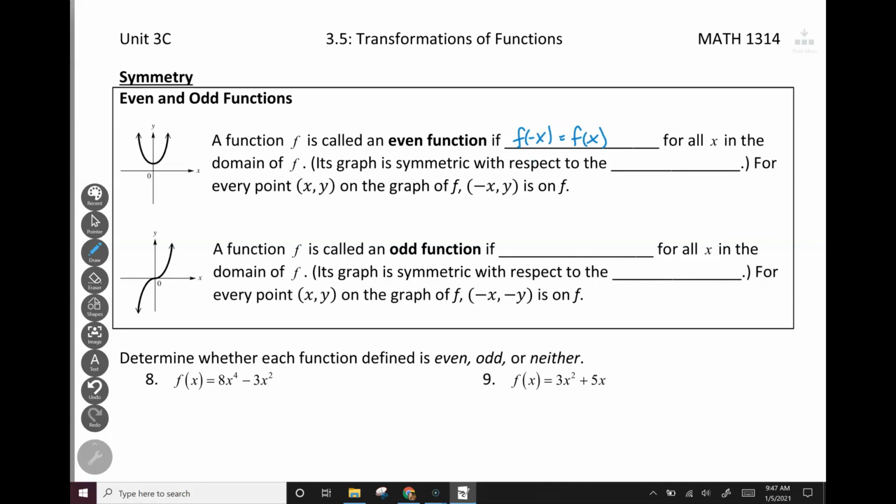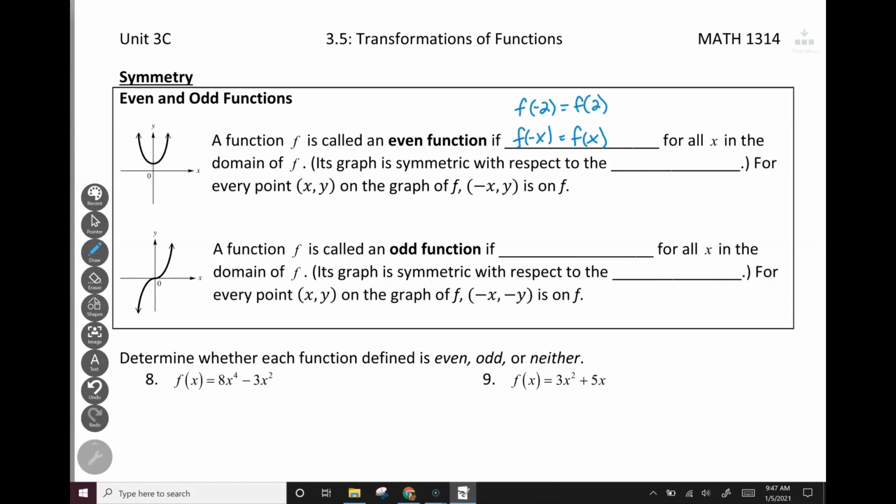So basically what that's saying is the y values are going to be the same if you look at positive x and negative x. So if I look at, for example, f of -2 and f of +2, they should have the same y values.